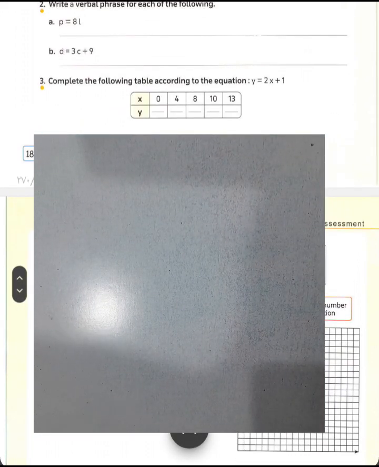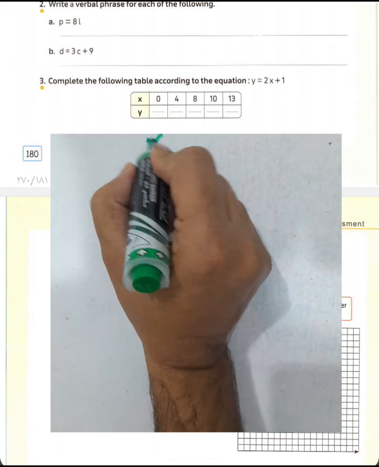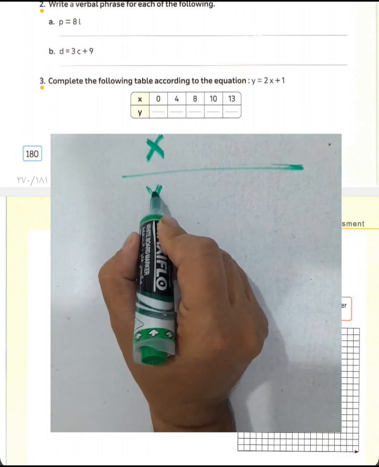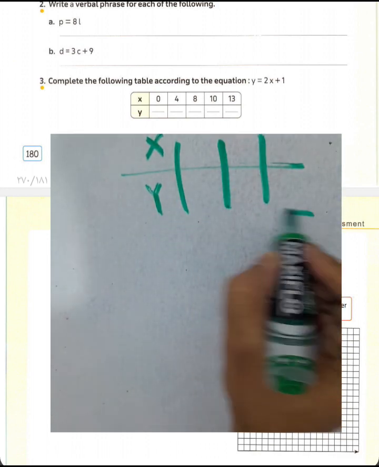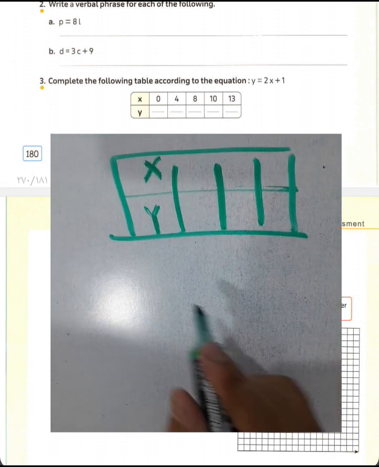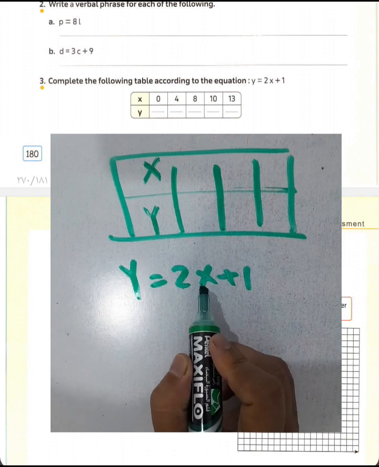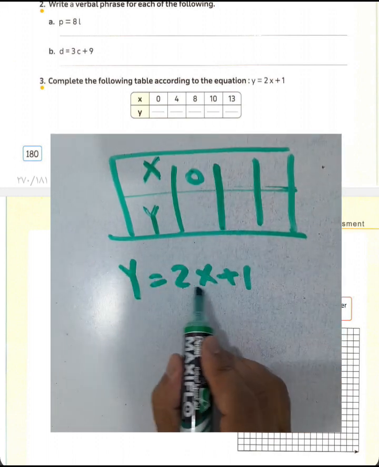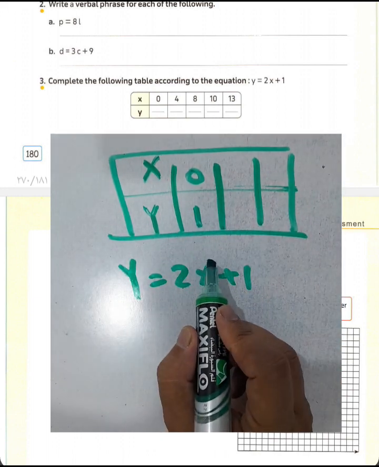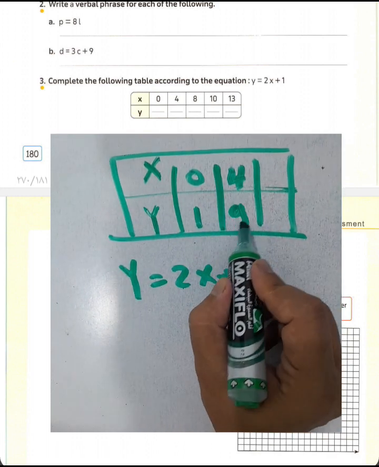Question number 3. Complete the following tables. We have X and Y, the input and output. Here we have the rule y equals 2x plus 1. Put x equals 0: 2 times 0 is 0, plus 1 equals 1. Put x equal 4: 2 times 4 equals 8, plus 1 equals 9.